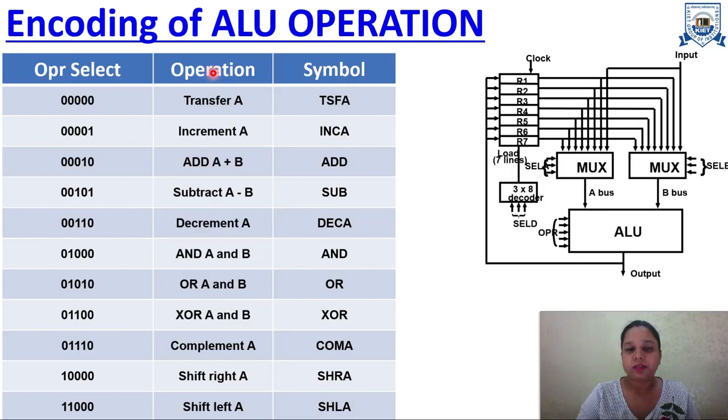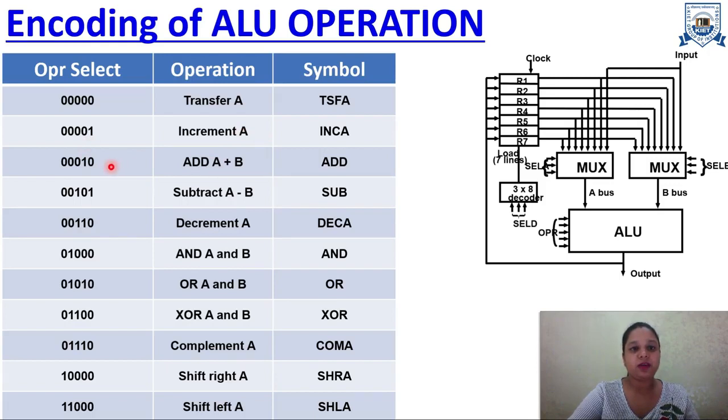Every operation is represented as a symbol. The first operation is transfer A. The symbol is TSFA for transfer A, and the operation select, the binary word for this, is 5 zeros because it's a 5-bit number. For increment A, it is 4 zeros and 1.